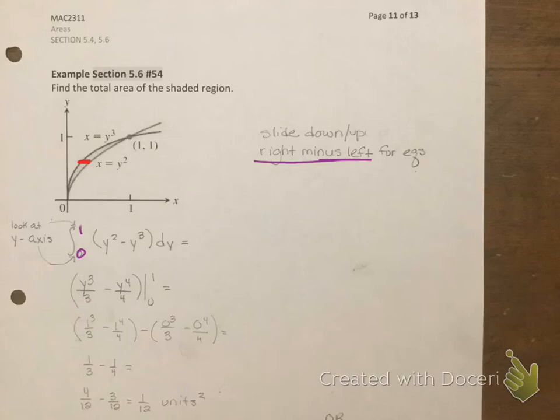So here is right. Here is left. So I have right minus left. So y squared minus y cubed dy. Again, I expect you to have no issues with this integration, and you get 1/12 square units for that area.